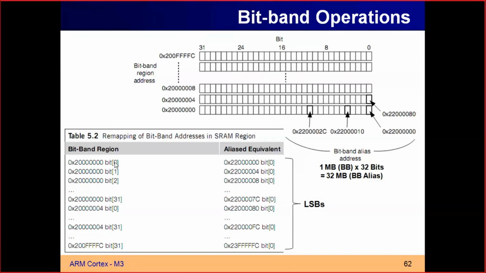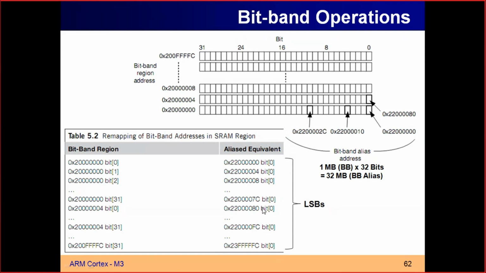So if you want to write something to this bit, you can write into this address. If you want to write something to this bit, you can write to this location. Right. So what is the advantage? No need of reading the content, modifying the content and writing it back. Directly you can write into the corresponding location.